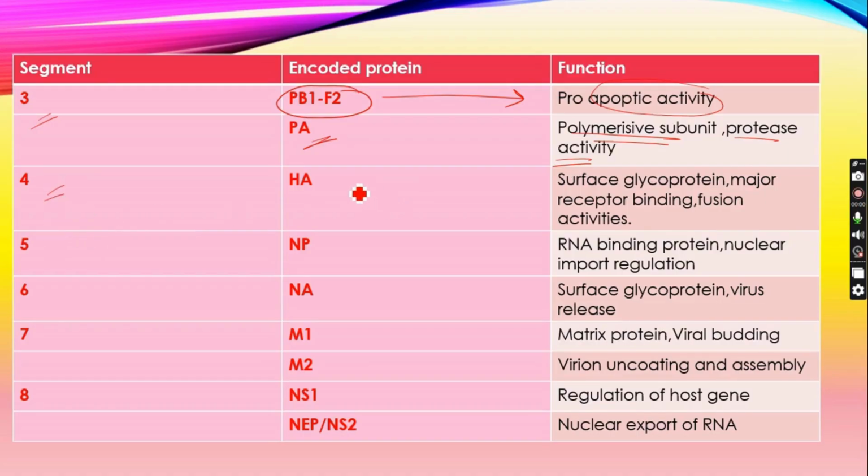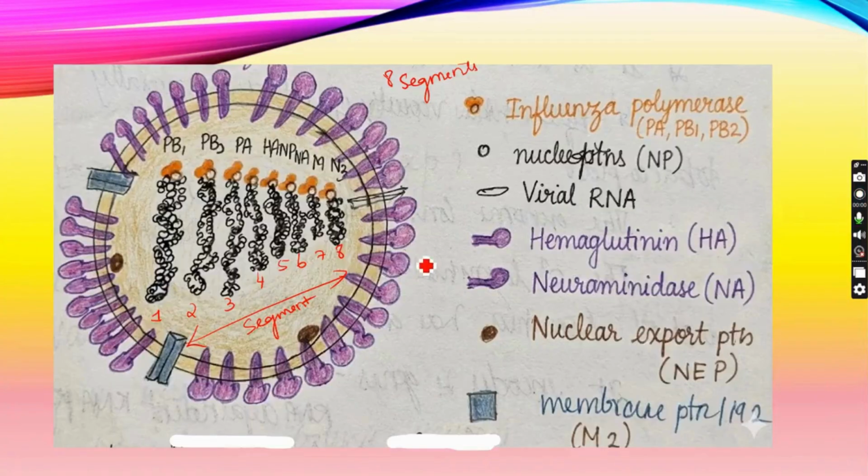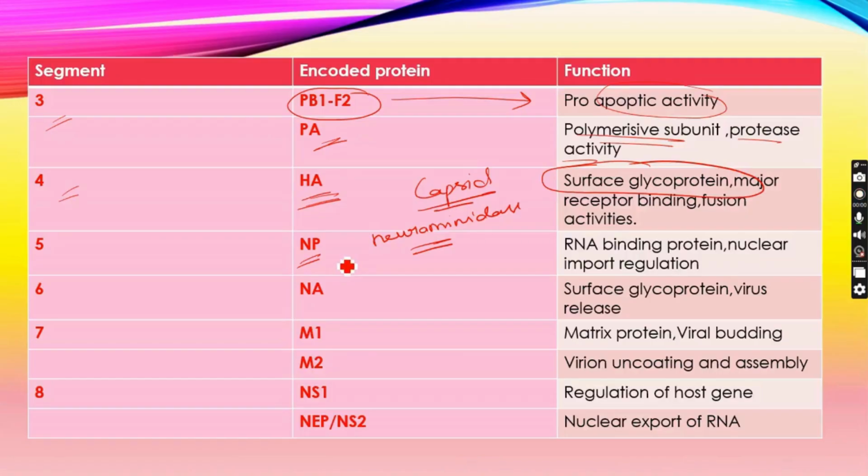Next, the fourth segment is going to synthesize the protein HA, which is involved in surface glycoprotein synthesis. Surface glycoprotein is a capsid protein found above the genetic material, synthesized by the HA protein. The NP protein is a nucleoprotein.